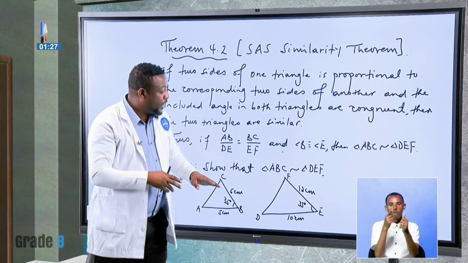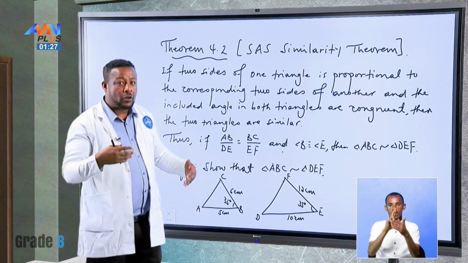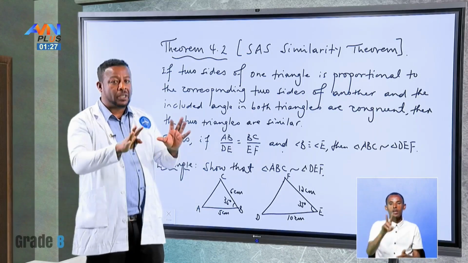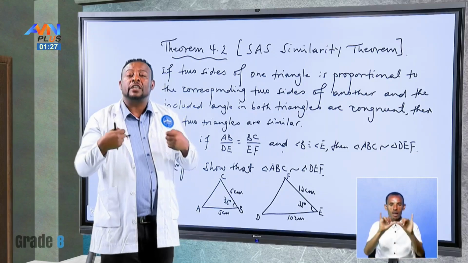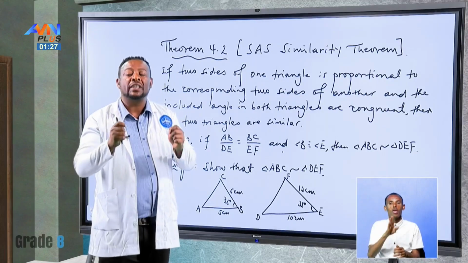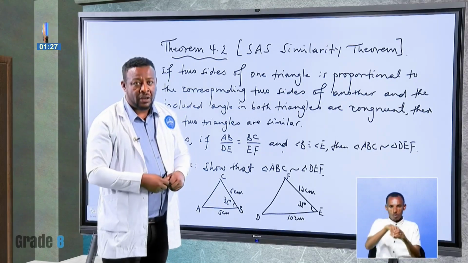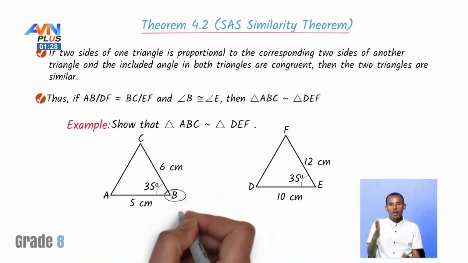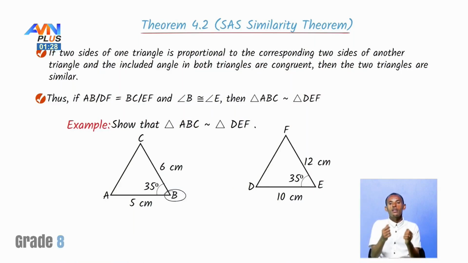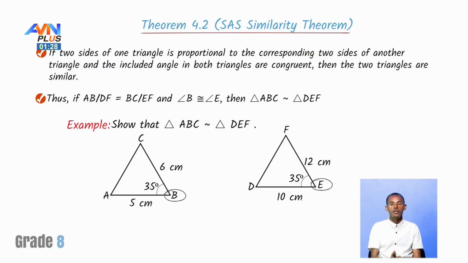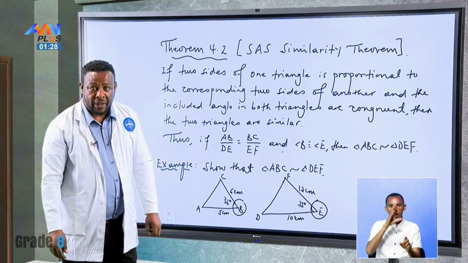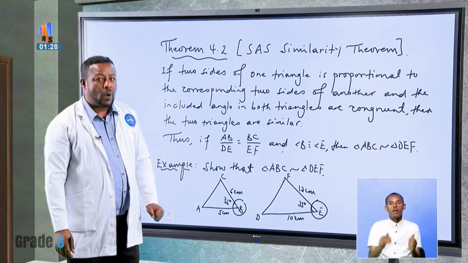One of the conditions is that the ratio of the corresponding sides of the two triangles must be the same. The other criterion is there should be one congruent included angle in both triangles, right? So clearly, angle B and angle E are the same, right? So we have one condition.